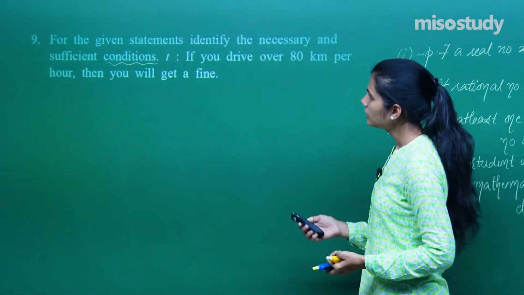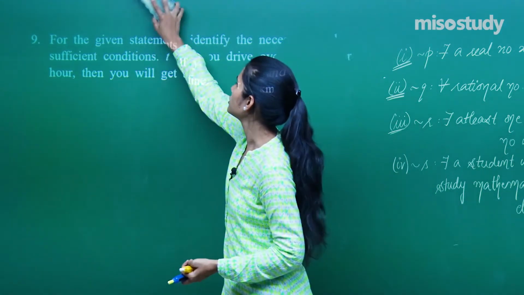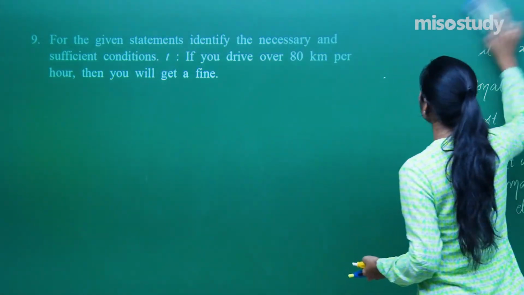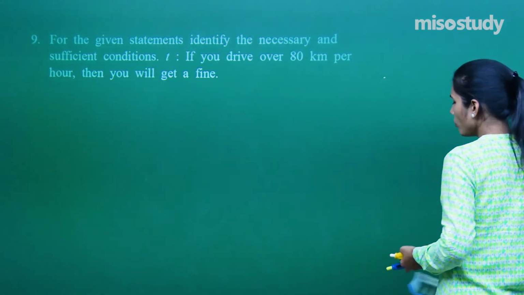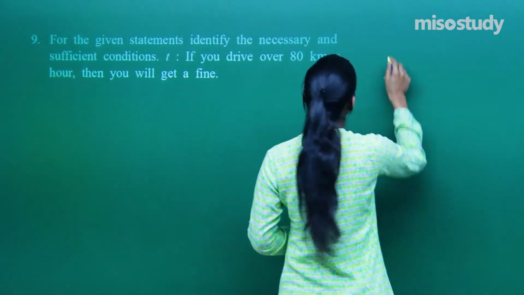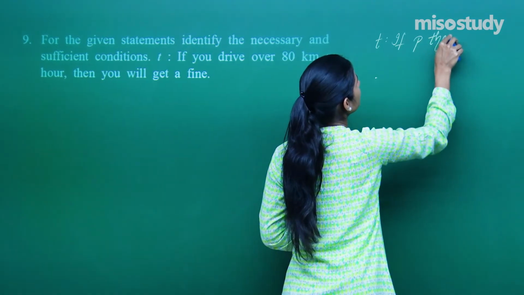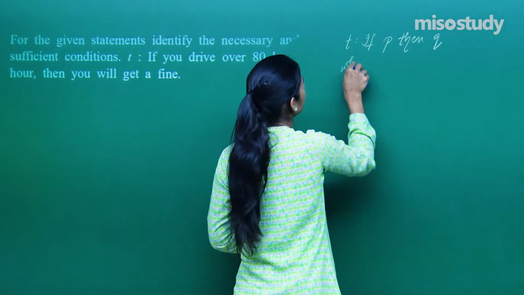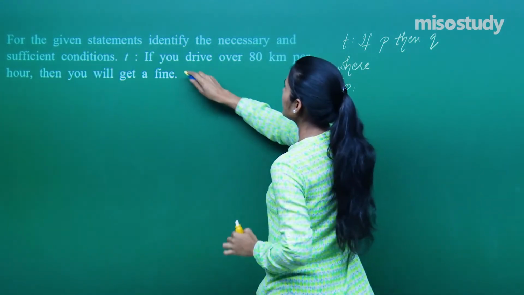Next we have, for the given statement, identify the necessary and sufficient conditions. The statement is given by the name T. If you drive over 80 kilometers per hour, then you will get a fine. So here statement T is actually if P then Q. It's an if then implication.